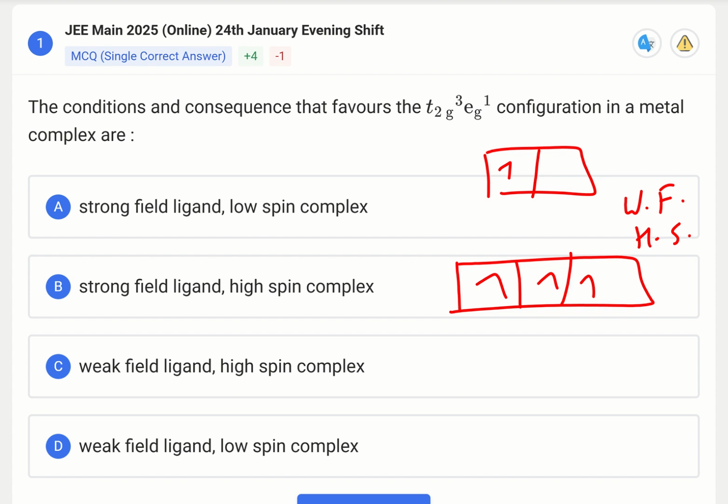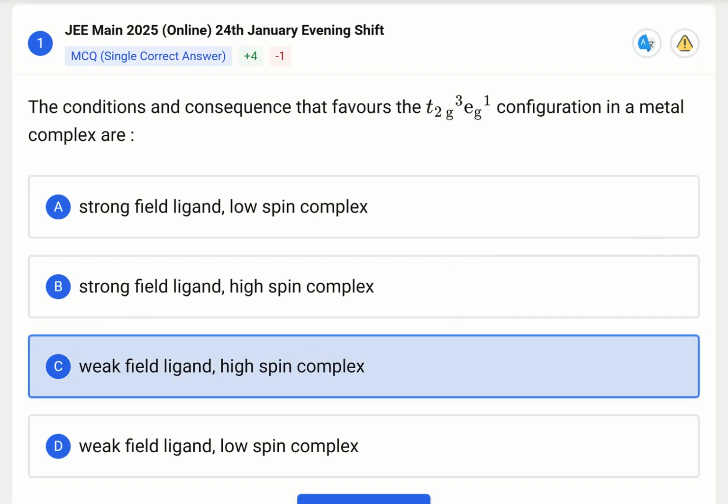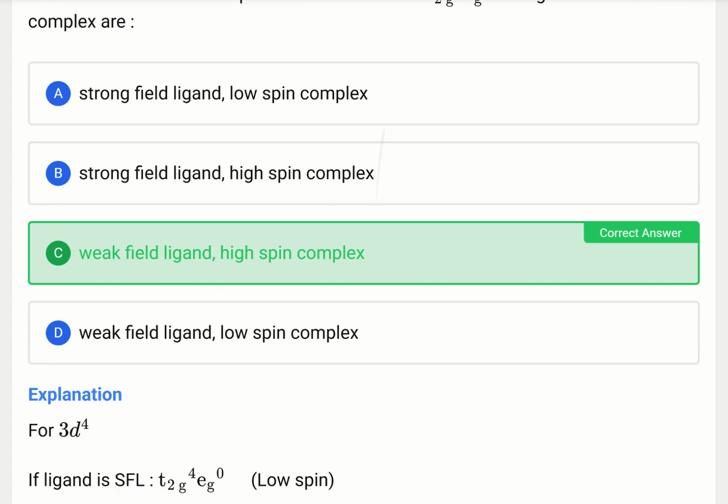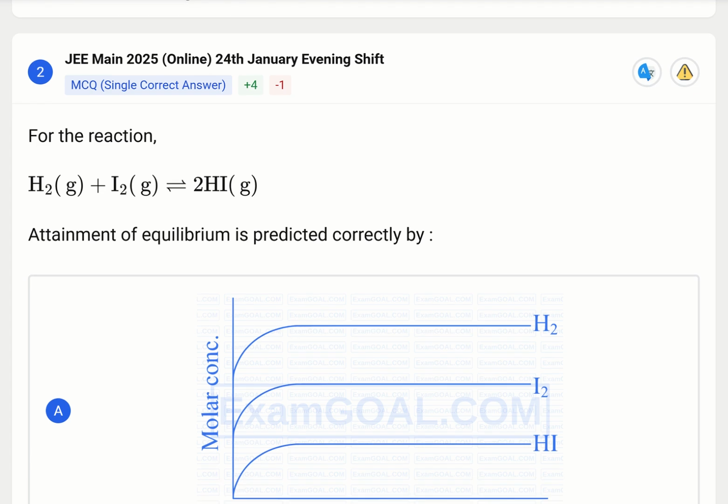So check weak field and high spin, option C. Yes, we got this answer again, right question. So kids, for these types of questions, you need not waste much time. These questions can be solved very easily. Moving to the next question.